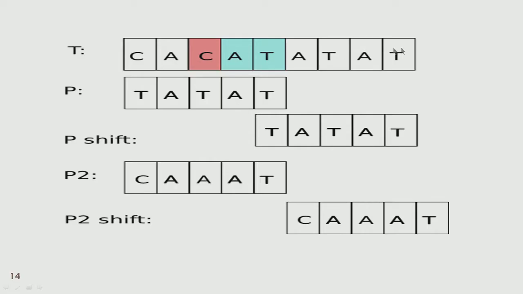So, this is the target string and this is the text string. Like before, AT is a match and there is a mismatch here. Now, observe that there is no occurrence of AT to the left here, with the property that the preceding symbol is different from this particular T. So, let us just take a look at this.